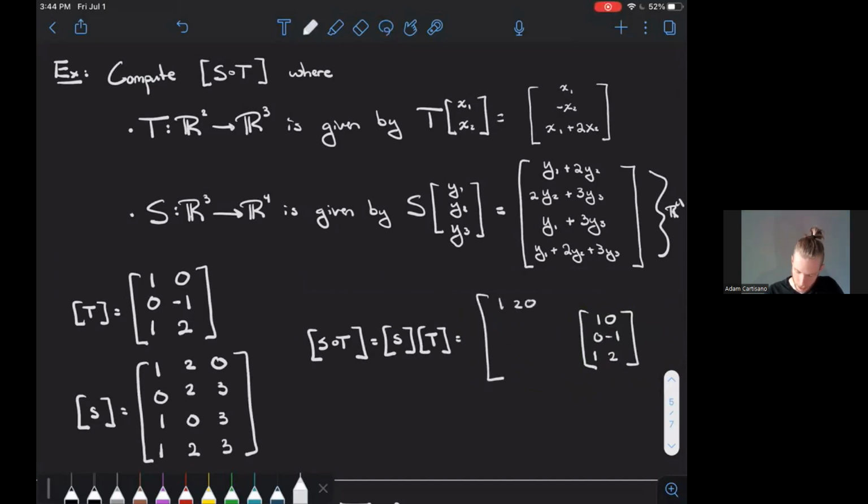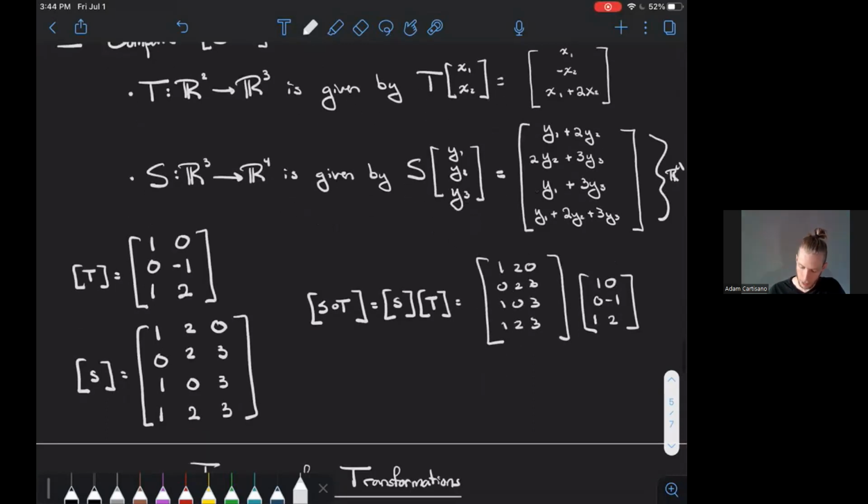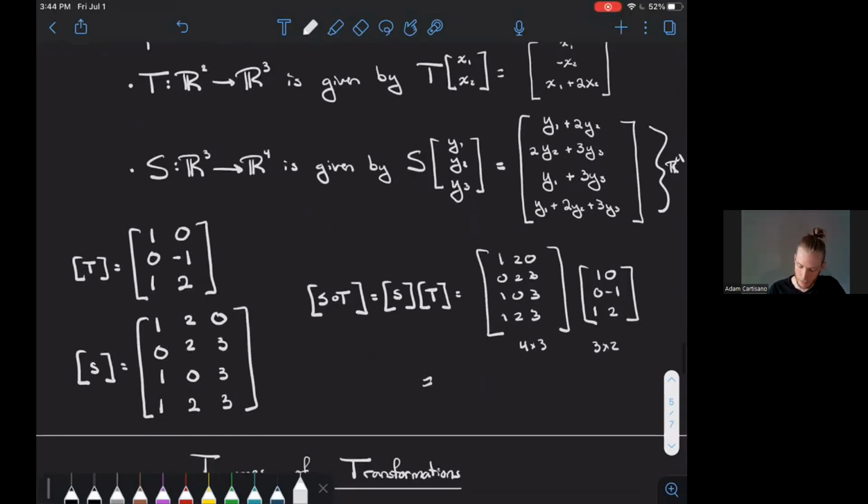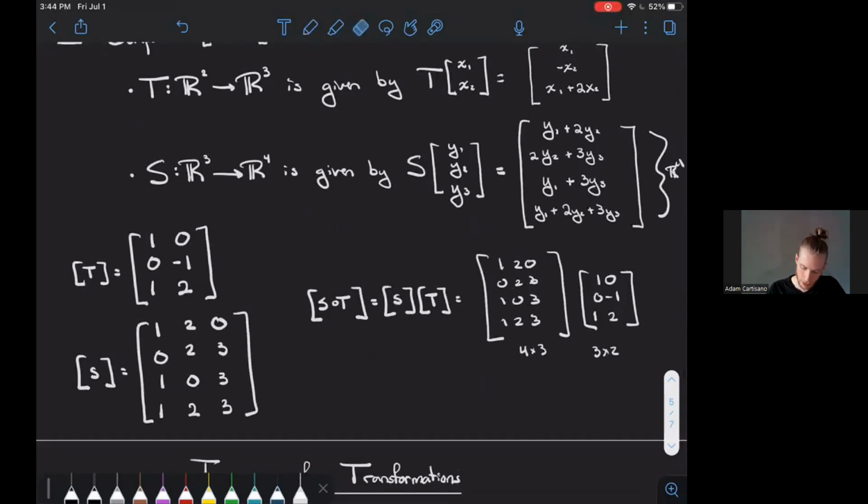We want to multiply these. So first of all, what is the size of the output? This is a 4 by 3. This is a 3 by 2. So our output is going to be a 4 by 2 matrix. Let's put that right here so there's enough space.